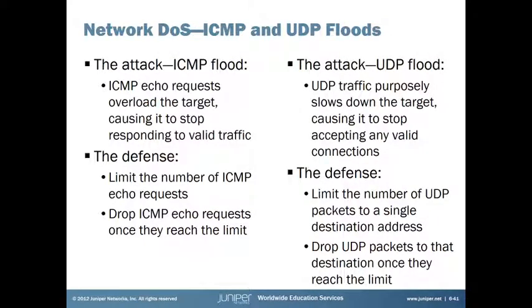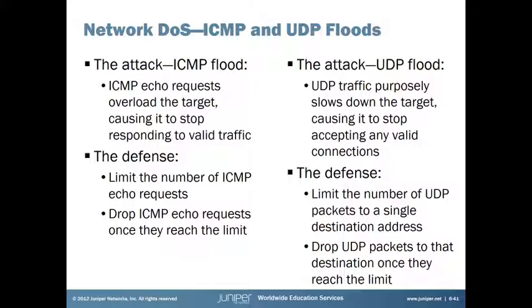Alright, so we've got these ICMP and UDP floods. So the idea is to overload the target with these pings, causing it to stop responding to valid traffic, and again set a threshold on the number of requests and drop anything that goes over that limit. Same goes for UDP.